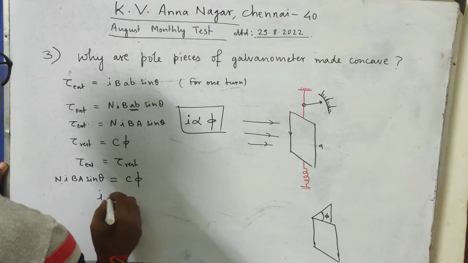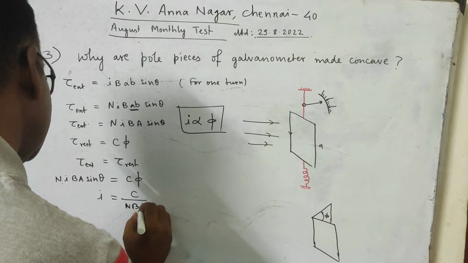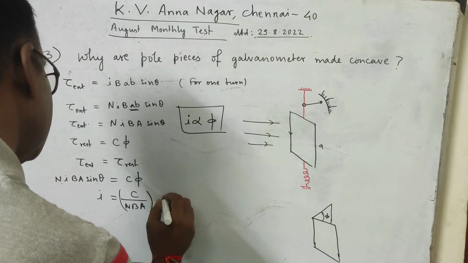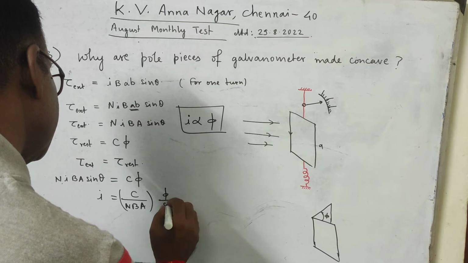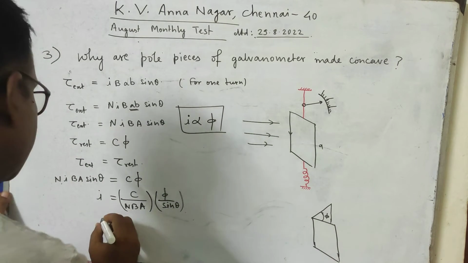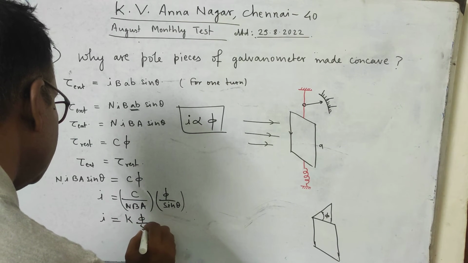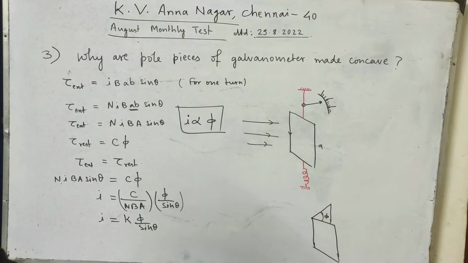So I is equal to C by N B A, times phi by sin theta. Now there is the problem: this is the constant, so I can say I is equal to K times phi by sin theta. Hope it is there on the board. Yes, it is coming. Fine. So this is the problem. I should be proportional to phi alone, but it is phi by sin theta.